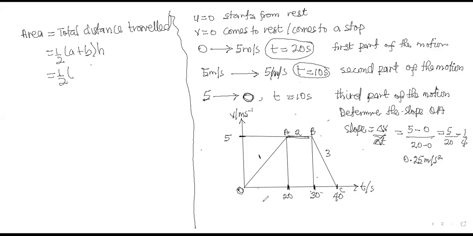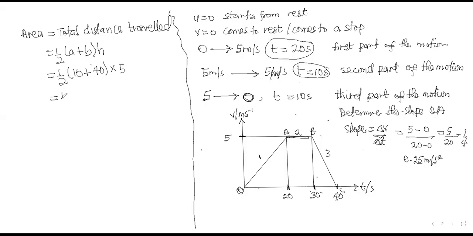AB is 30 minus 20, which is 10. Then B is this, the whole, which represents the whole time. So 40. H is the perpendicular side, the side which is perpendicular to both A and B, and that is 5.